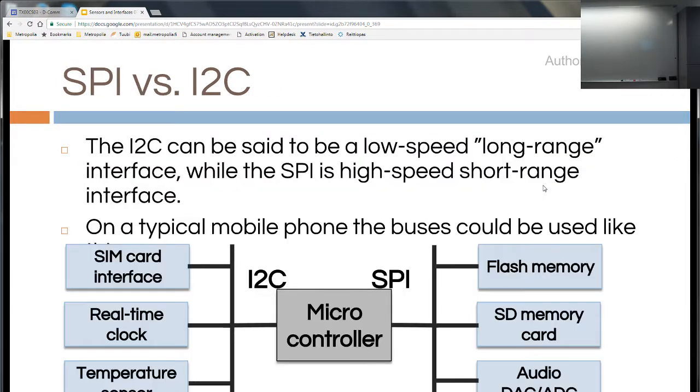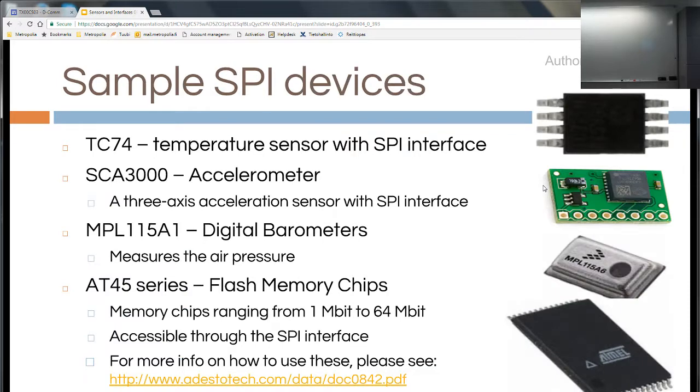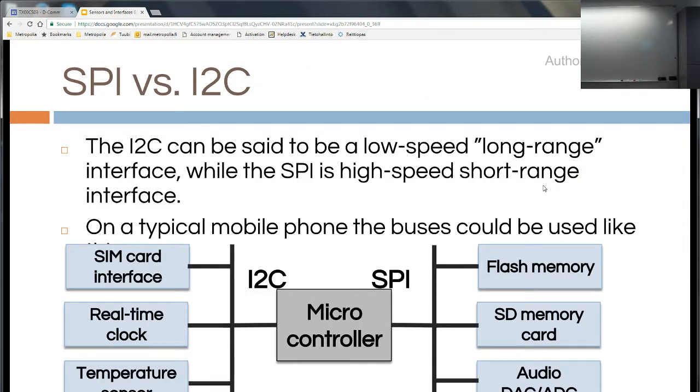Then there's SPI versus I2C. These are a little bit in awkward order now. Anyways, there's another bus. So the first one is OneWire. It's quite a heavy protocol, but anyways, the software does it.